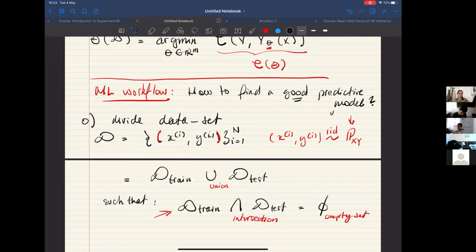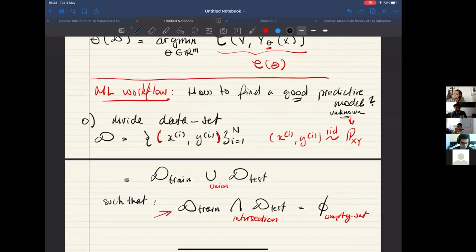So when I say that the training data and test data have nothing in common, what I really mean is that there is no single pair of input and output that belongs to both the training data and test data. But they are, of course, similar.